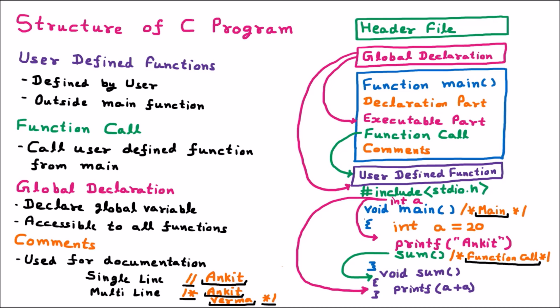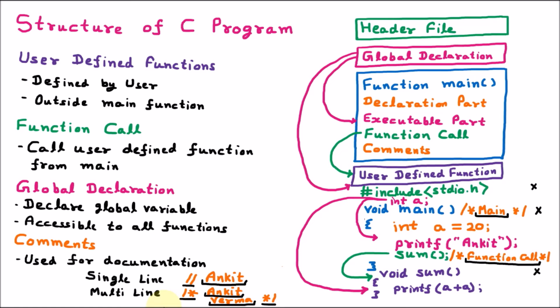So here we have completed the structure of a C program. But in a C program, whenever we complete a statement, a semicolon will come afterward. So accordingly we have to provide the semicolon. But the header file doesn't have a semicolon. Then again, the main function or the user defined function doesn't have a semicolon.